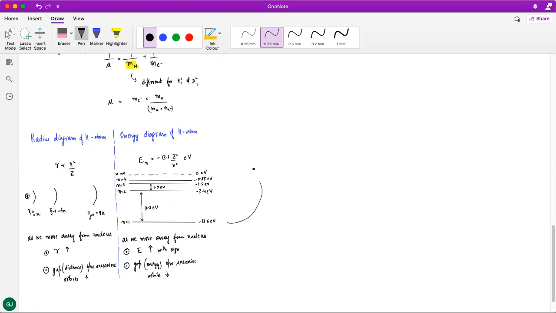Let's say if I was to remove the electron from n equal to 1 to far away, how much energy would I require? 13.6 eV. And if I was to remove the electron from n equal to 2 to far away, how much would be the energy required? 3.4 eV. Correct.